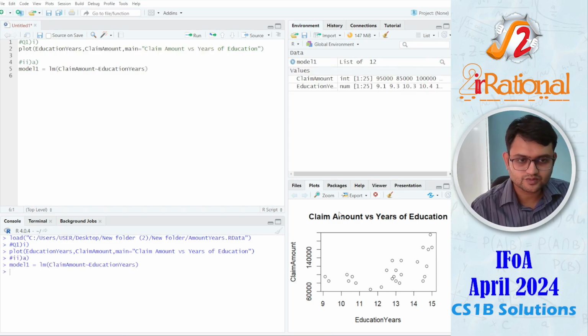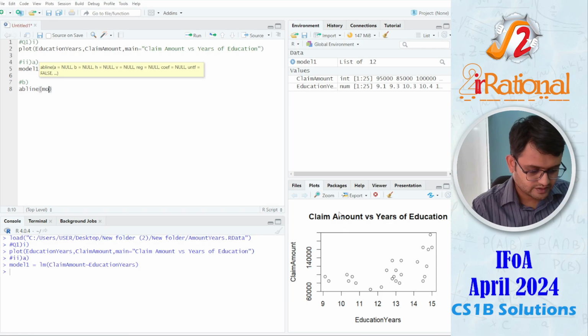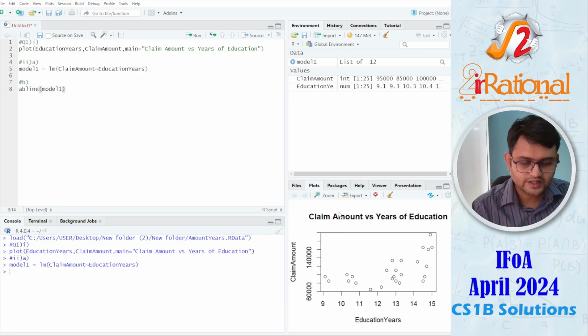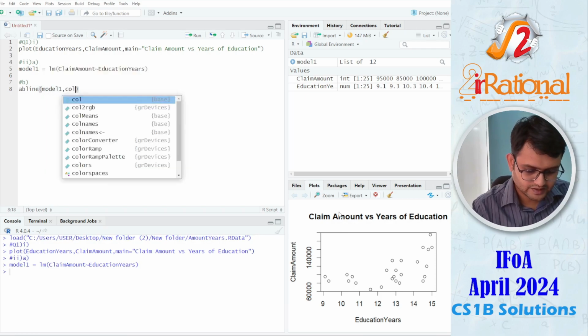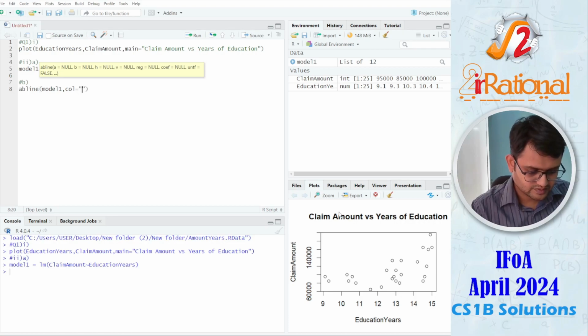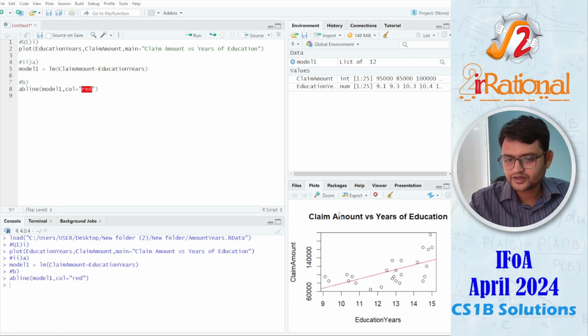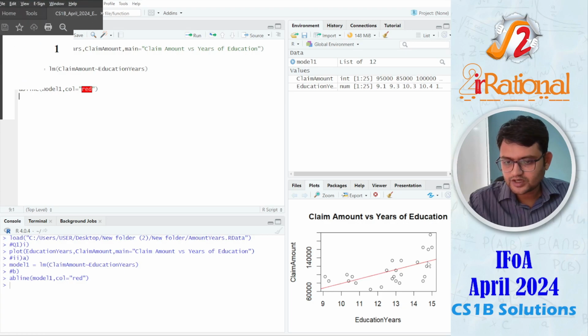That's it. This is the model, and now I have to make a line. That would be abline, abline model 1. I will change the color to red. So this becomes a line.